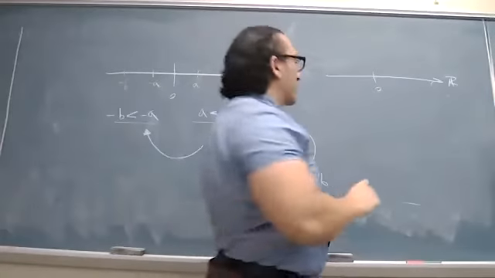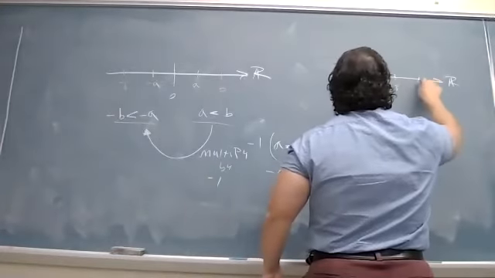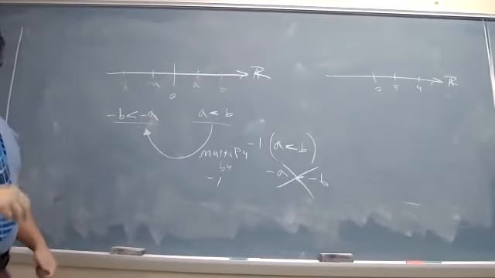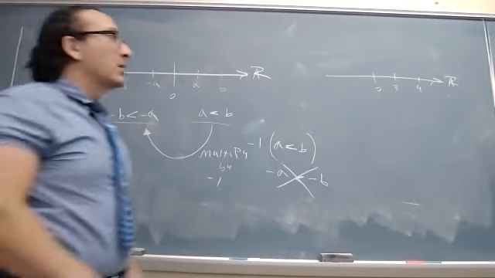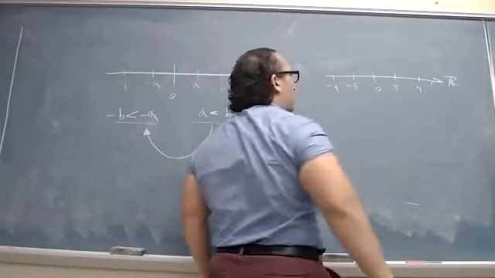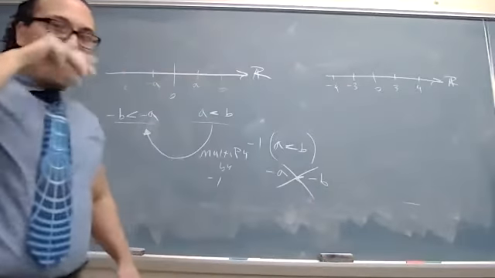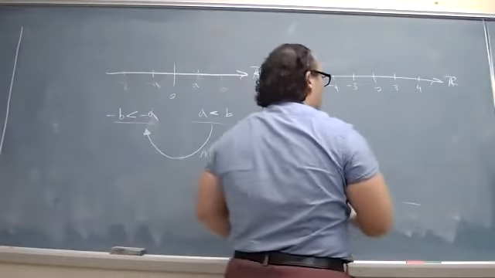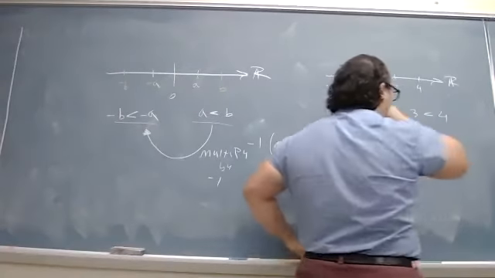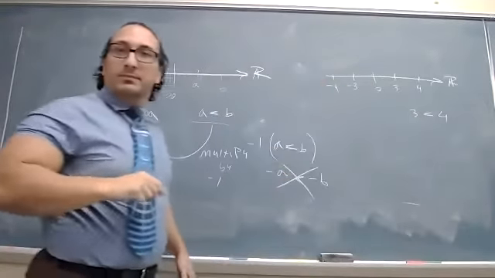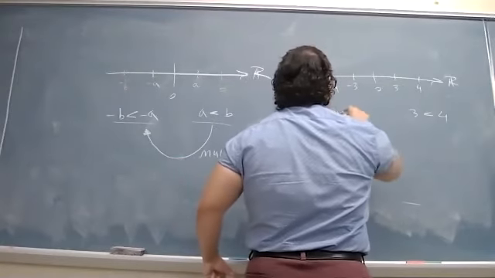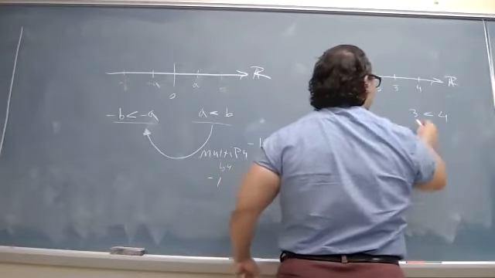What about the numbers 3 and 4? Would you agree that they look like that on the real number line? Okay. So then -3 should be here, and -4 should be here, right? So would you agree that 3 is less than 4? And then would you agree that -4 is less than -3?